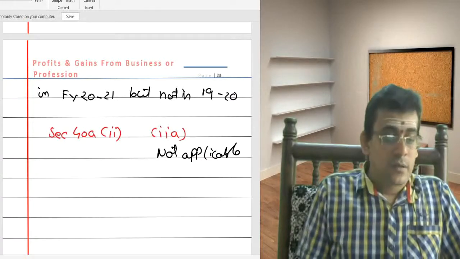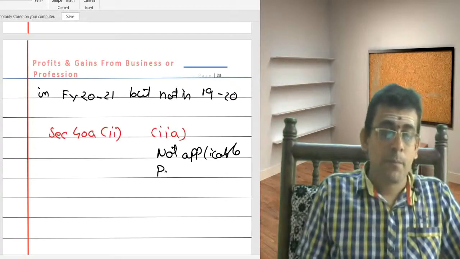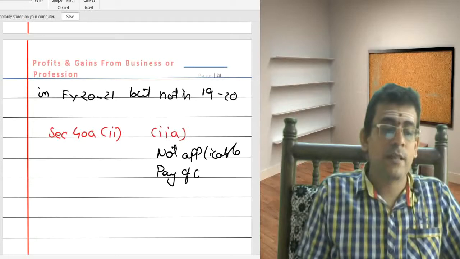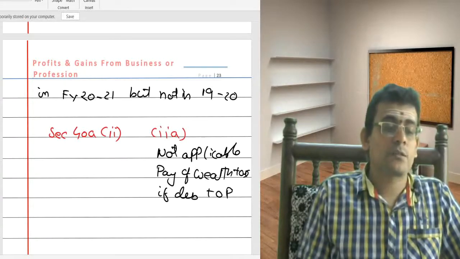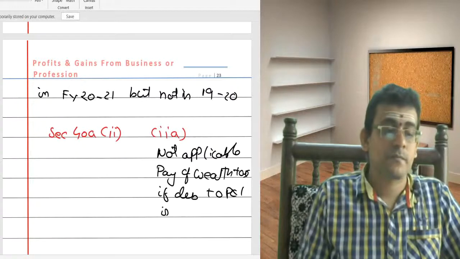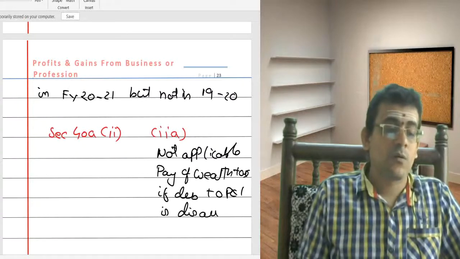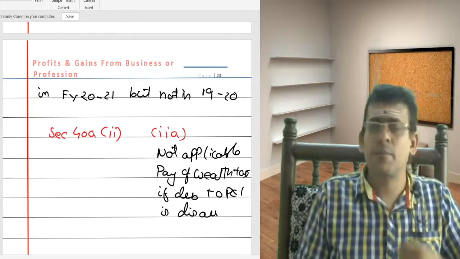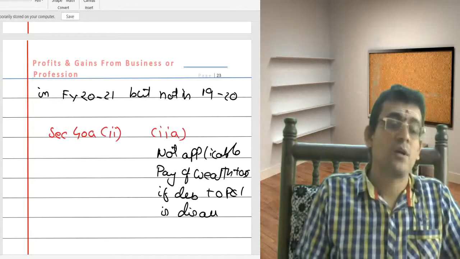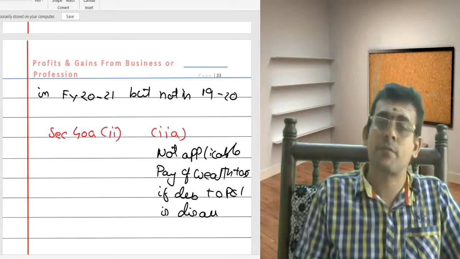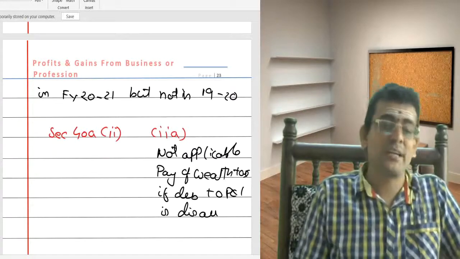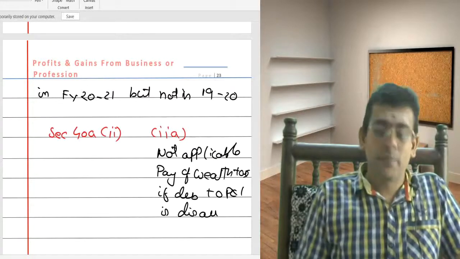Because this section says payment of wealth tax, if debited to profit and loss account, is disallowed. Now the wealth tax itself is abolished, so the payment of wealth tax will not arise. But this section has not been deleted, although it is supposed to be deleted from the Income Tax Act. As the section is not deleted, it is not practically applicable.